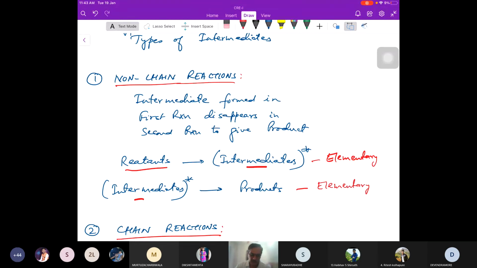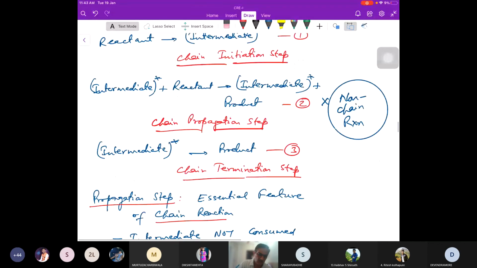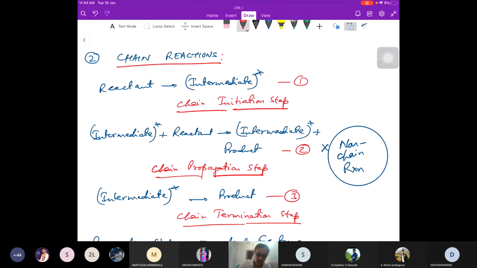When you propose a mechanism for a chain reaction or non-chain reaction, all these steps are supposed to be elementary. Why? Why should they be elementary? Can anybody tell me? Why should we write these steps as elementary reactions?